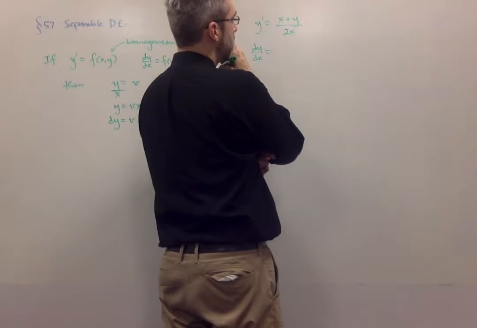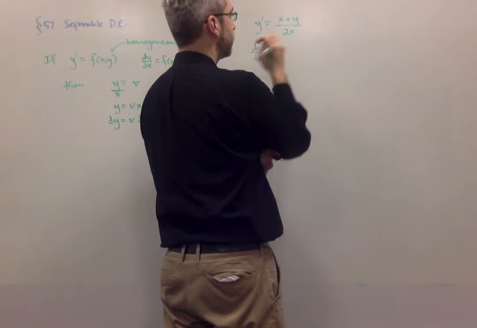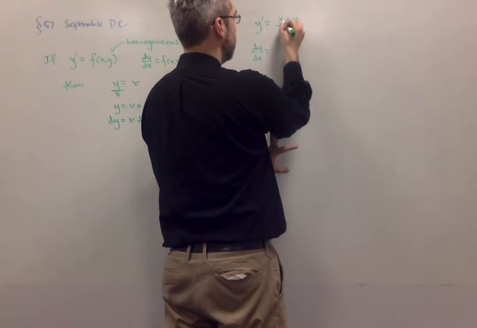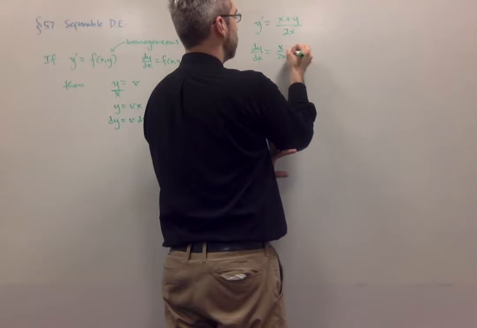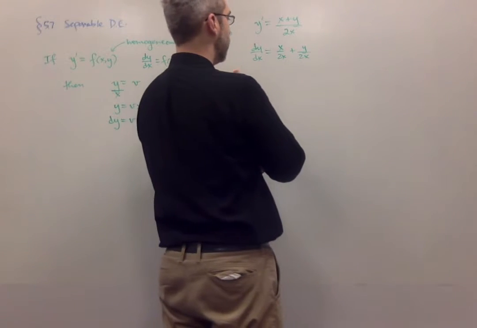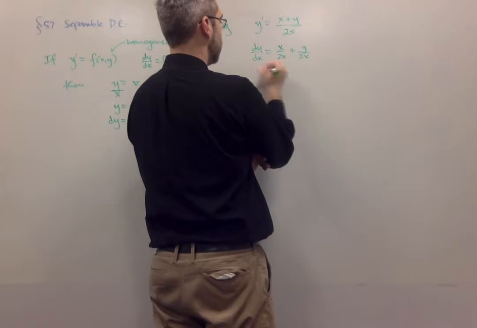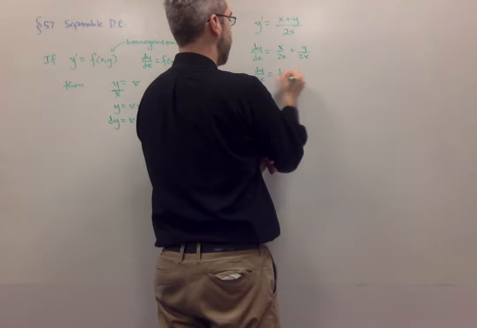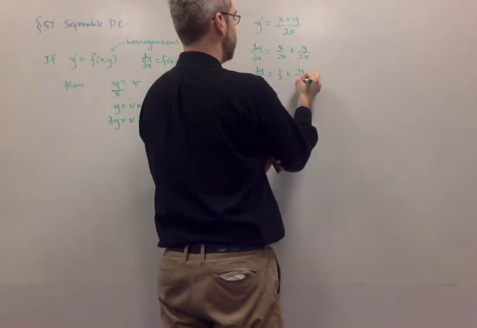Well, one thing you could do is you could write it as x over 2x plus y over 2x. Okay, so in other words, dy over dx is 1/2 plus y over 2x.